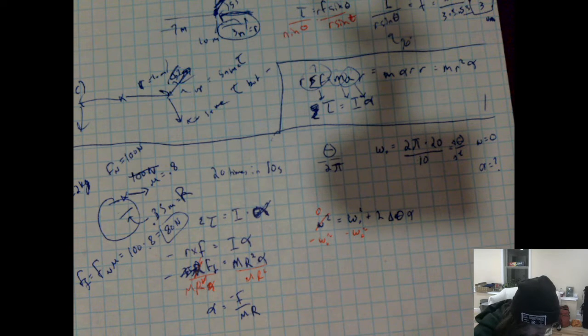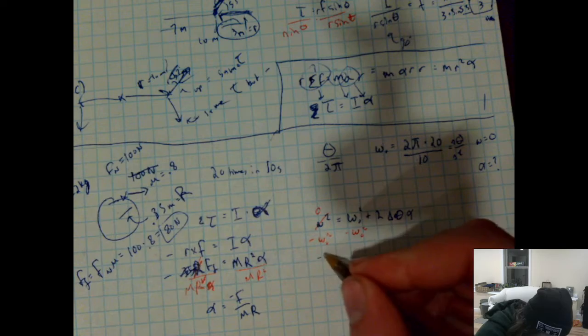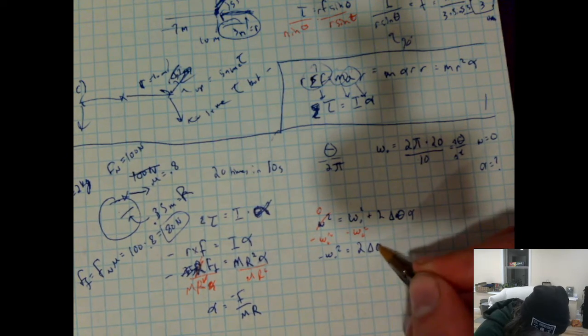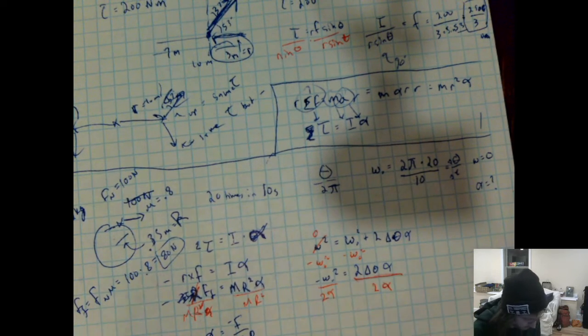So we'll get omega squared, negative omega naught squared, equals 2 times our angular displacement times our acceleration. Divide each side by double our acceleration.